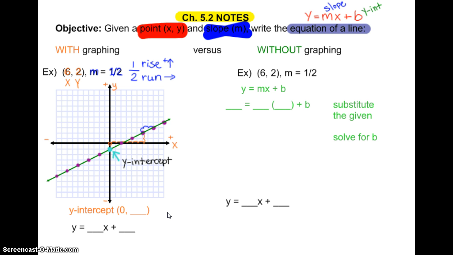It's also a special point. The y-intercept is when x is 0. If we were using the formula, we'd plug in 0 for x. But this time we're coming up with the formula and writing the equation. So we have to use what we've got.